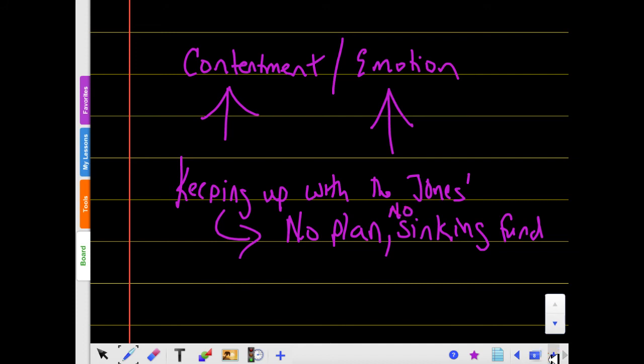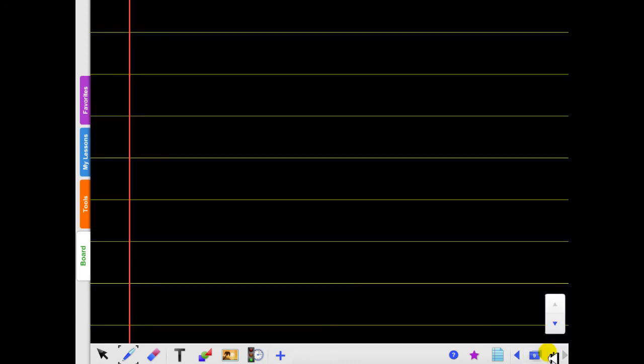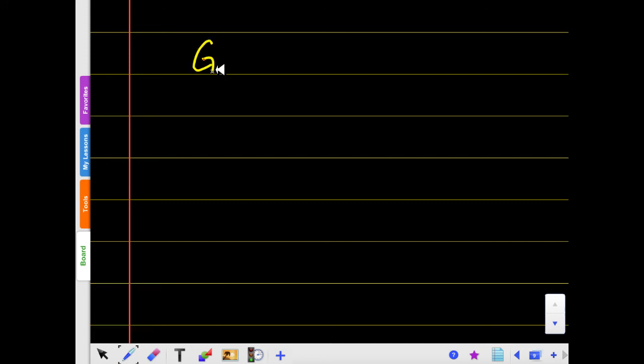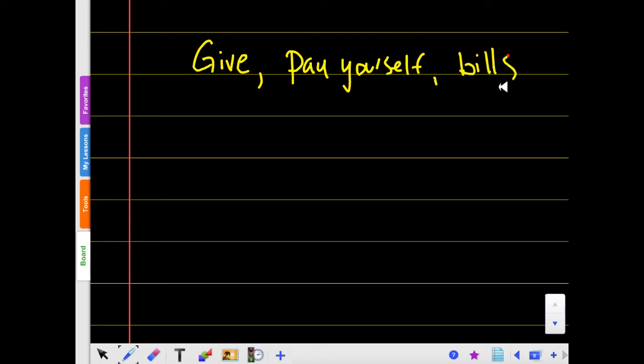One thing that we talked about that we didn't all exactly agree with was the order of what you do with your money. This is what Dave says: give, pay yourself, and then pay your bills at the end. And we can argue all day about this one. If you want to give zero, it is personal finance. That's your choice. But these two, we're not going to argue about these. We need to agree with these. And this is why.